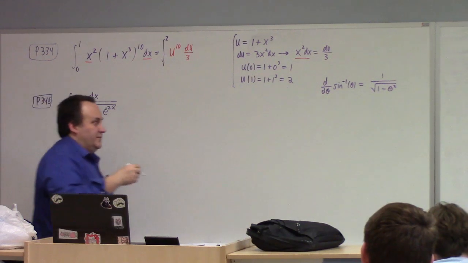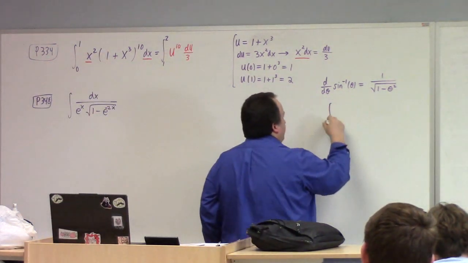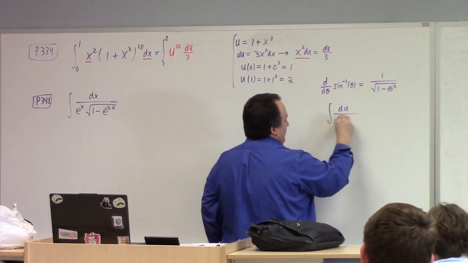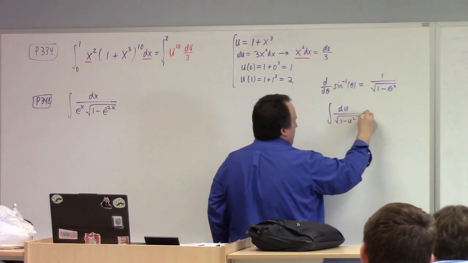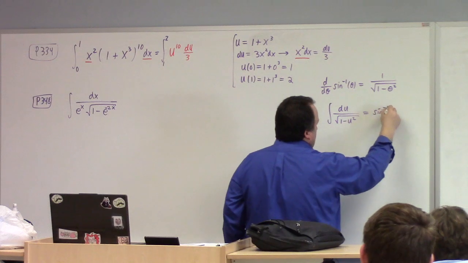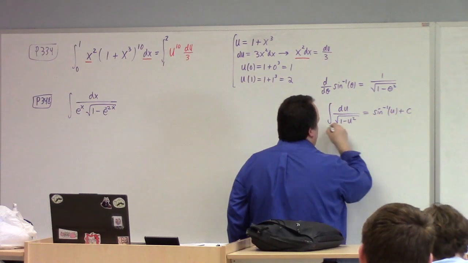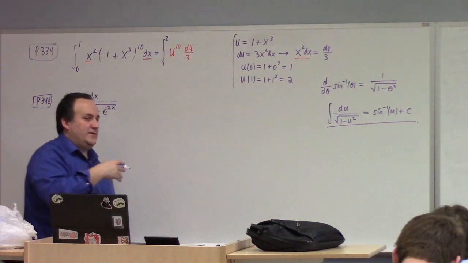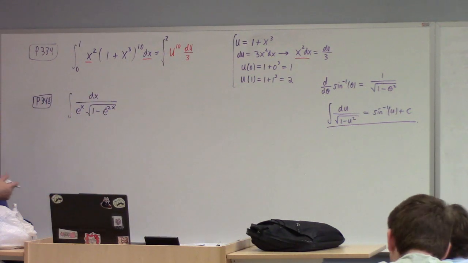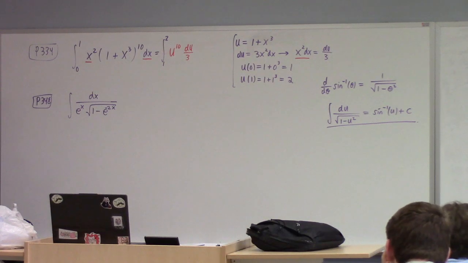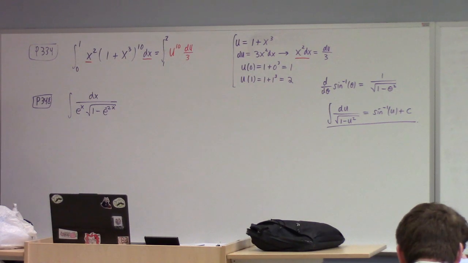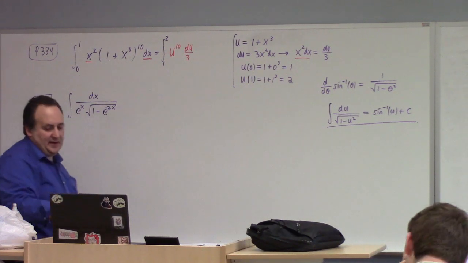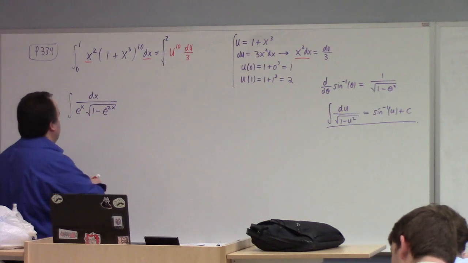So that informs us that the integral of du over the square root of 1 minus u squared is inverse sine of u plus a constant, right? So with that in view, you should be looking to somehow use that for this problem, because that's at least a plausible plan of attack, all right? So with that in mind, let's rewrite this a bit.